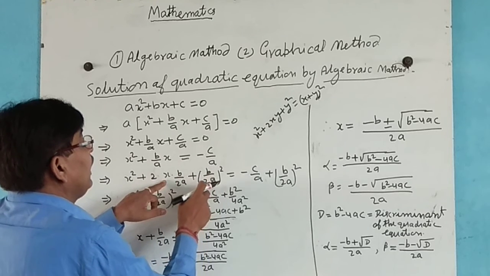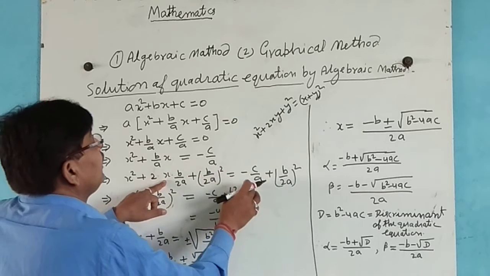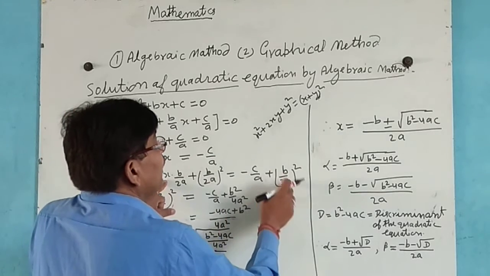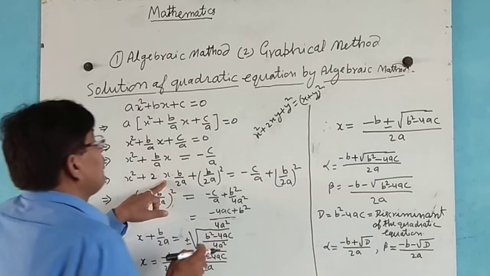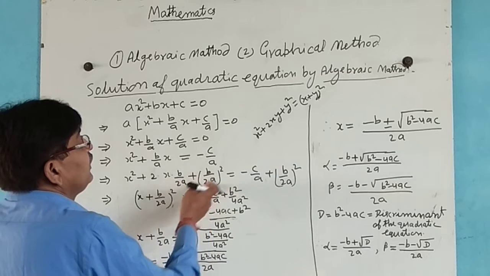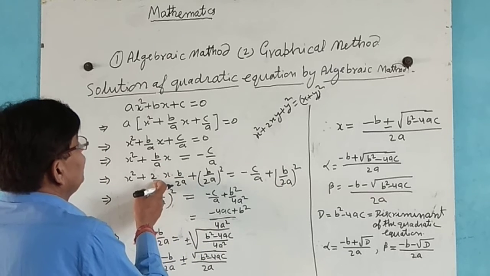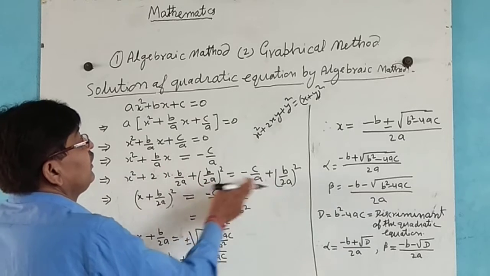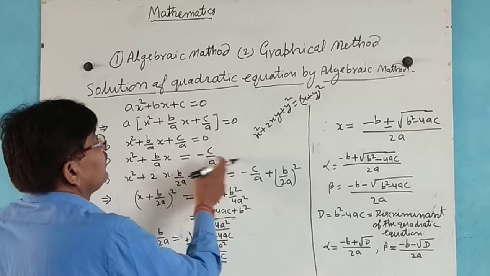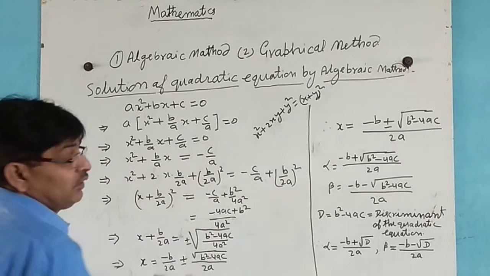We add the square of b by 2a on both sides, here also add b by 2a to the power 2, because this and this cancel, and after that this b by a x cancels, this is minus c by a, no change in this value.